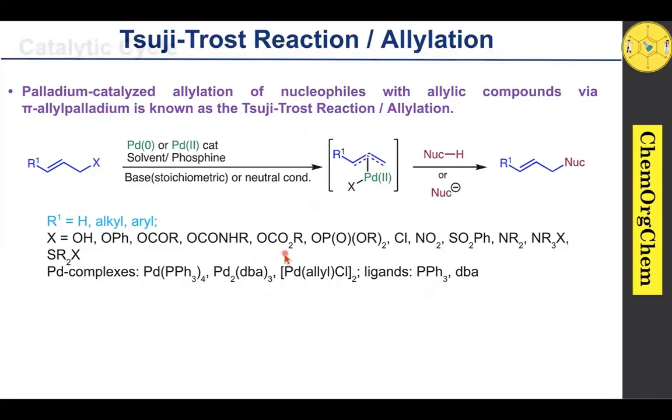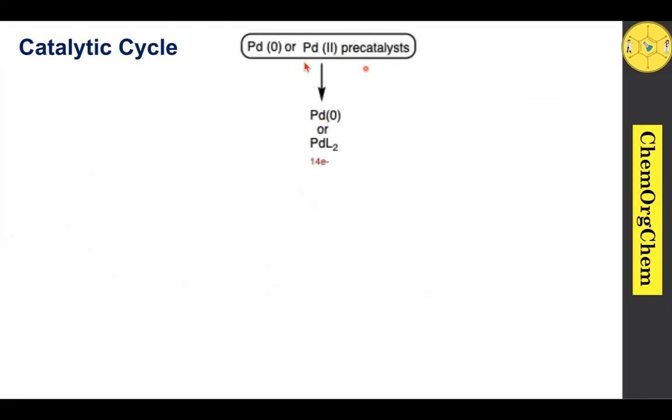So let's move into the catalytic cycle. As in our previous palladium catalyzed reactions, this reaction is also initiated by a palladium 0 catalyst. When we take a palladium 2 pre-catalyst, we need a suitable ligand to generate the corresponding palladium 0 species, which is a 14 electron species.